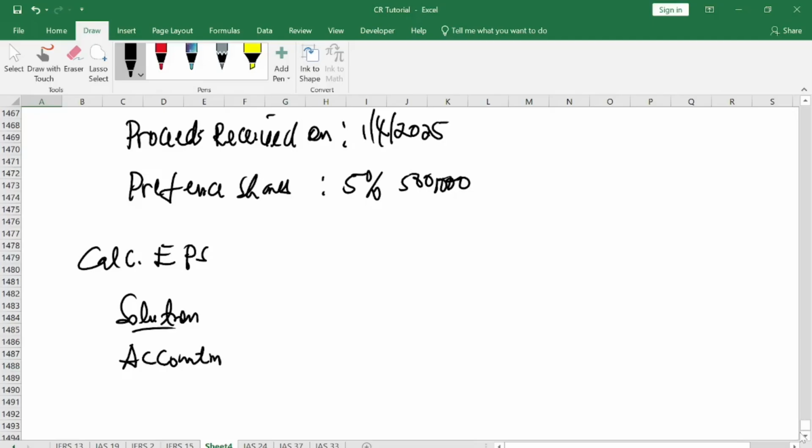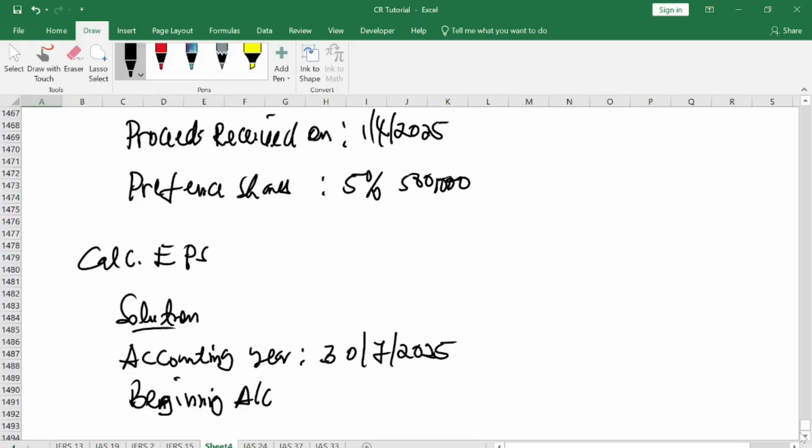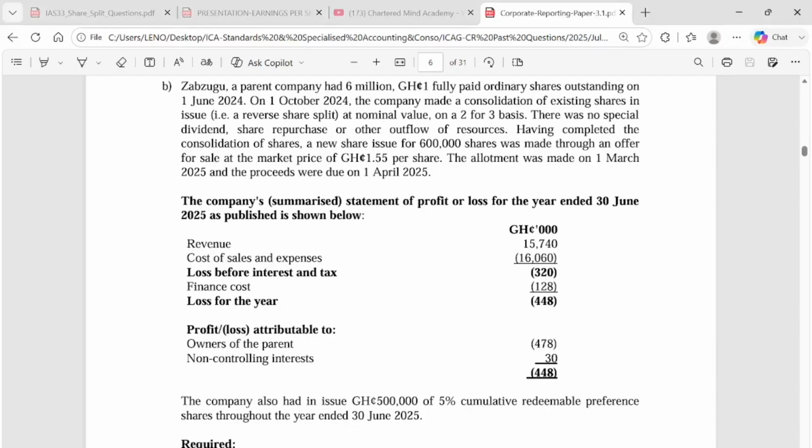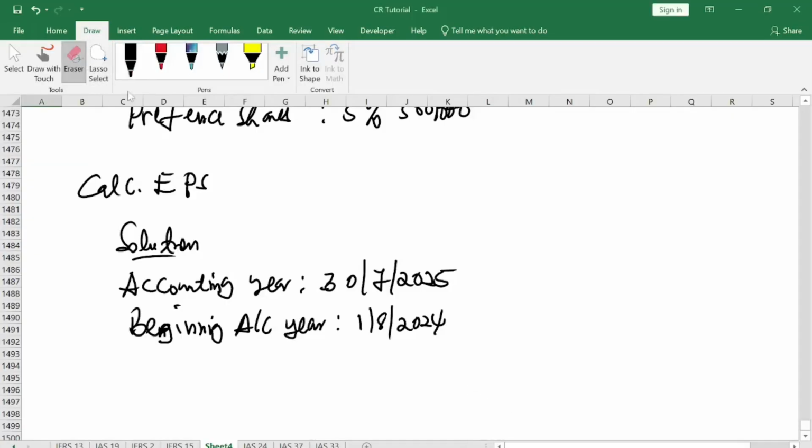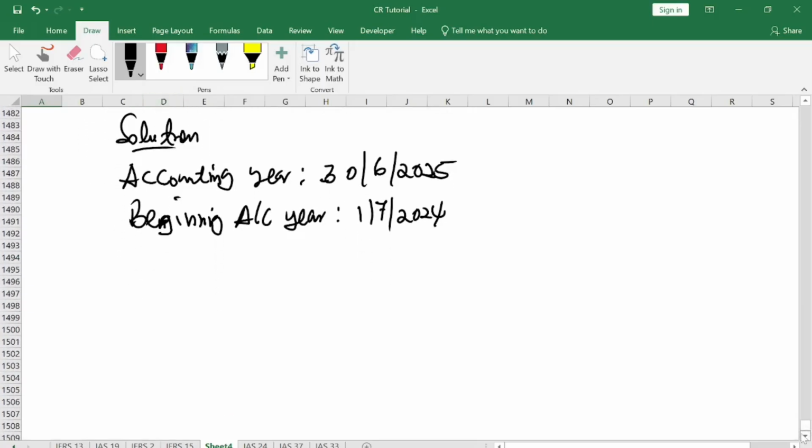Very important. The accounting year ends on 30th June 2025, so the accounting year begins on 1st July. This is the question they want you to work on. So how do you do it?